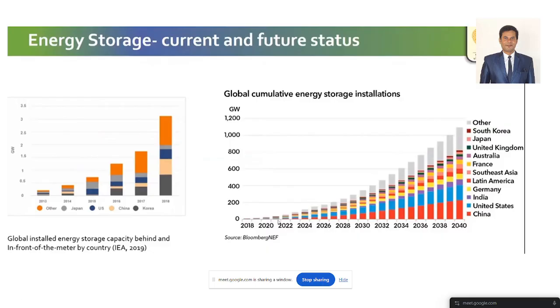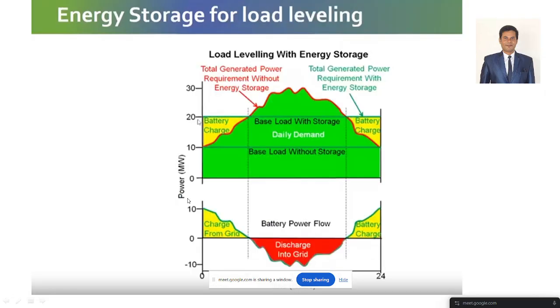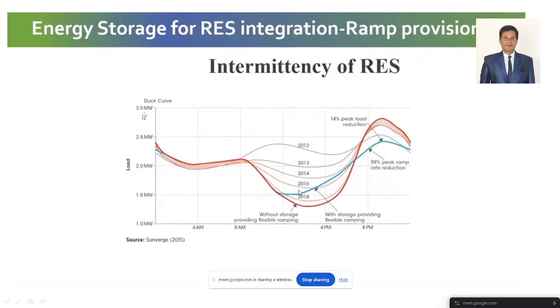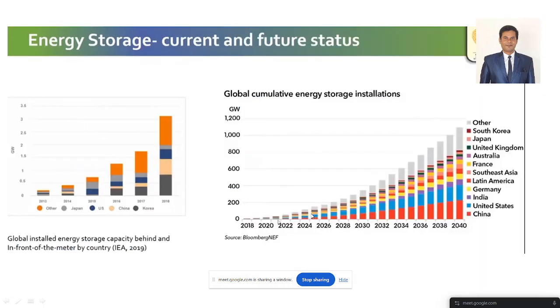Energy storage in its current and future status: you can see the global cumulative energy storage installations. Since 2010 it has been increasing drastically because of production and consumption of energy. Earlier we were thinking in megawatts, but now we have to think in terms of gigawatts.